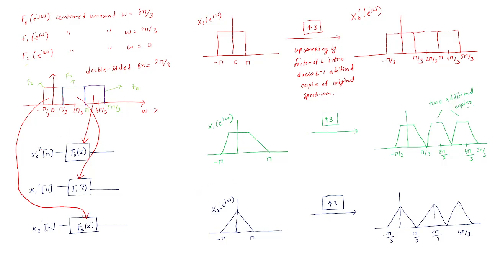So when x naught dash of n, whose spectrum is given by this one, passes through F naught of z, you see F naught of z is okay.